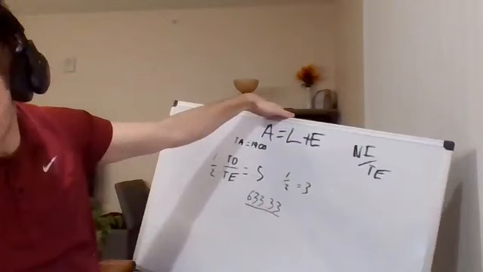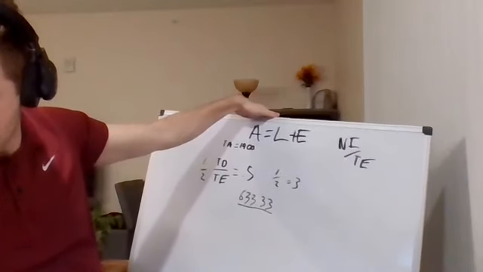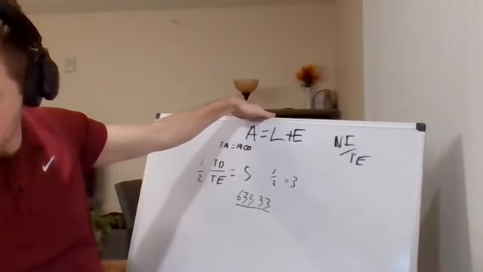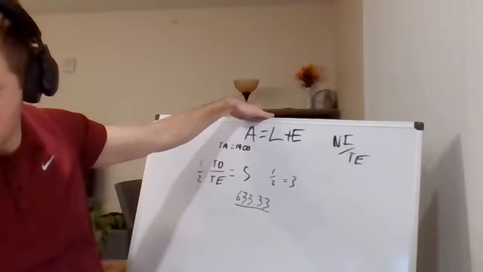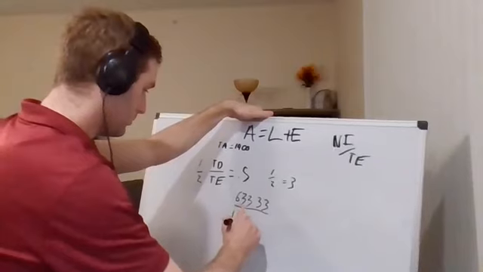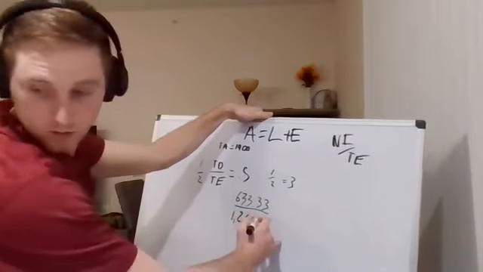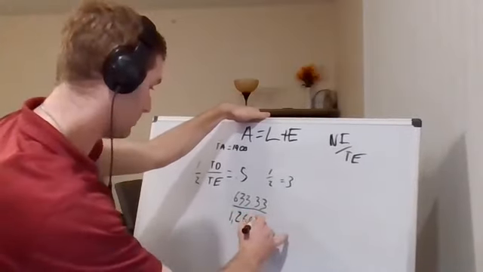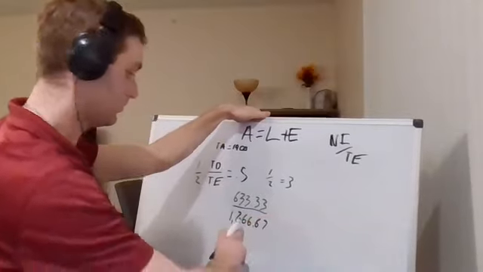I subtracted that from 1,900: 1,900 minus 633.33 gives me 1,266.67.